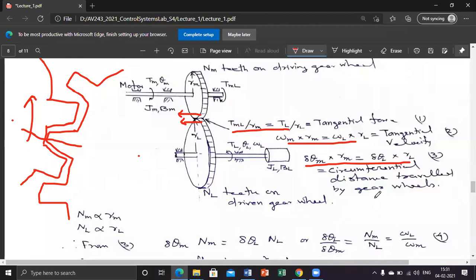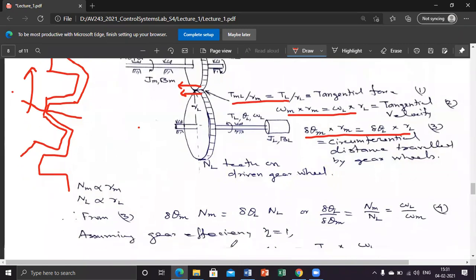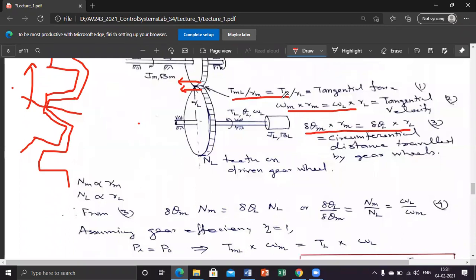Sir, how are you writing equation number 4? What's the problem? You understood equations 1, 2, 3? Yes, sir. If you understood 1, 2, 3, the only difference I am making is RM and RL; I am converting them with the proportional quantity.